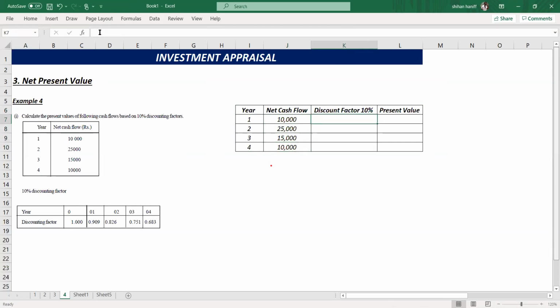Discount factors are 0.909, 0.826, 0.751, 0.683. Present value equals cash flow multiplied by the discount factor.